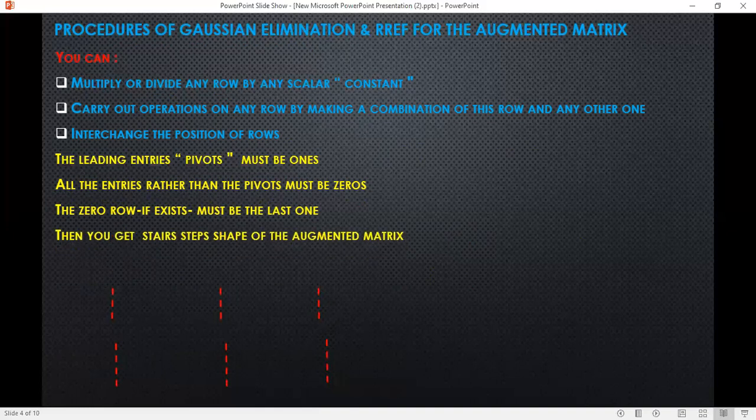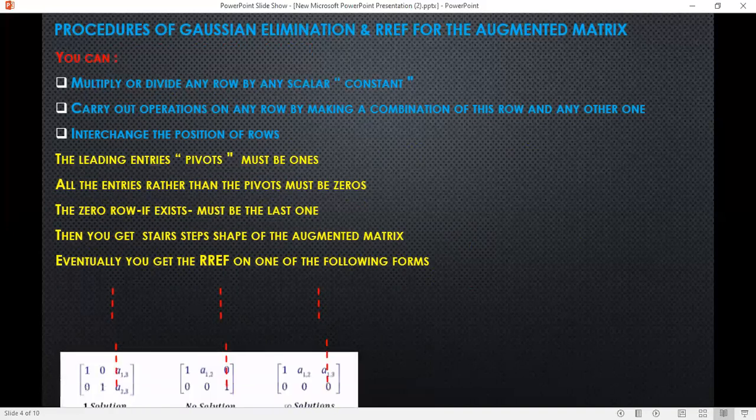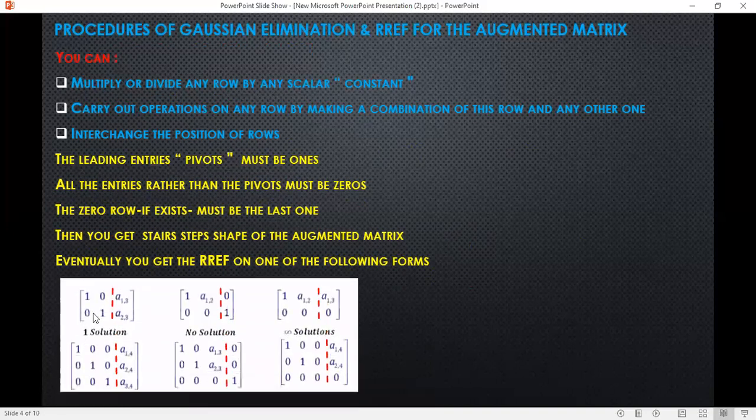Then you get a stair-step shape of the augmented matrix, and eventually you get the reduced row echelon form in one of the following forms. Here we have 1, 0, A13, and these are the forms. I'm going to study them with you.